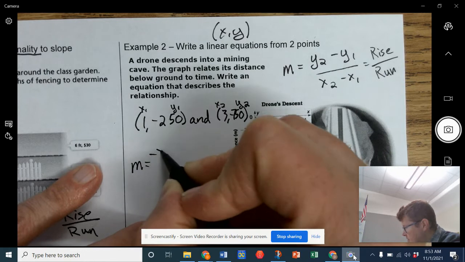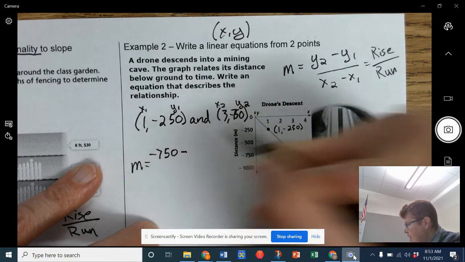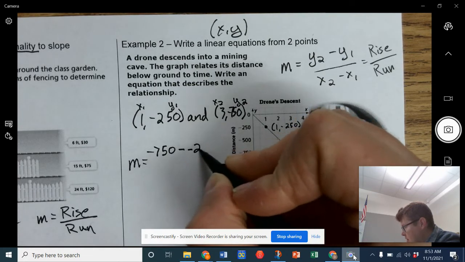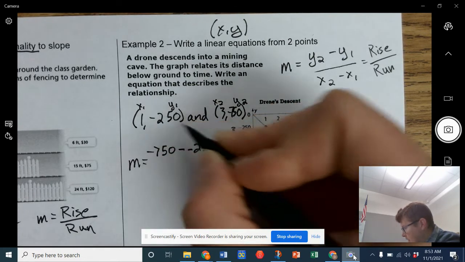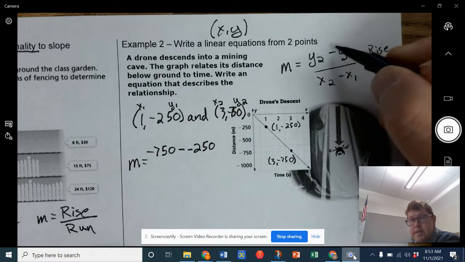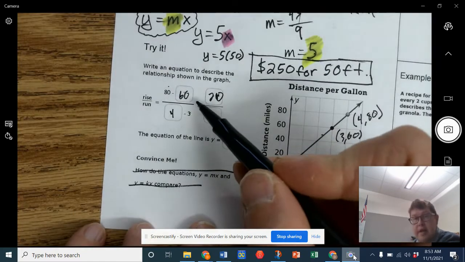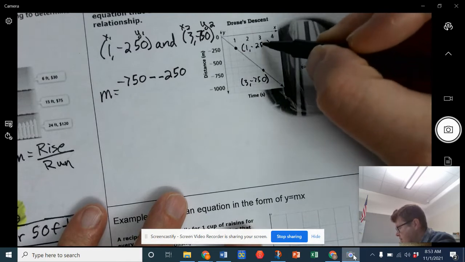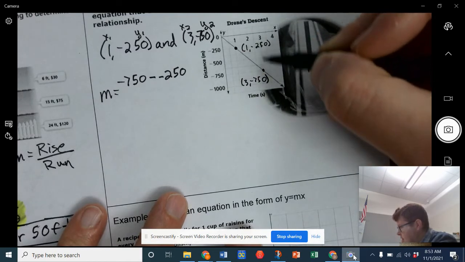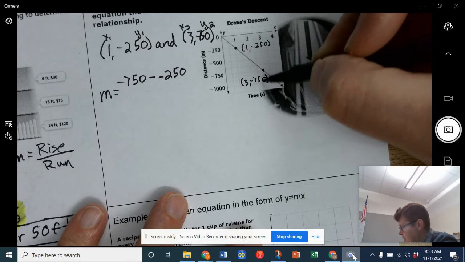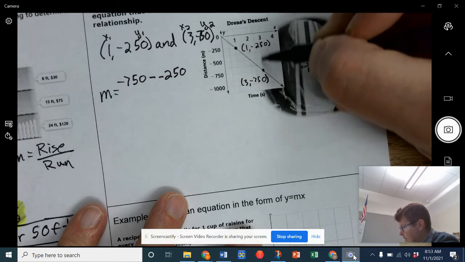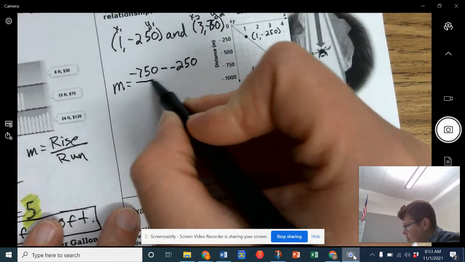Take this -750, and we're going to subtract our y1. Now remember, you've got to carry this negative over, and the original equation is subtraction, right? This is kind of what we did right here to figure this out. Or sorry, this is our second point, so we'd say -750 minus -250, basically figuring out the difference, and we put it over our x values.